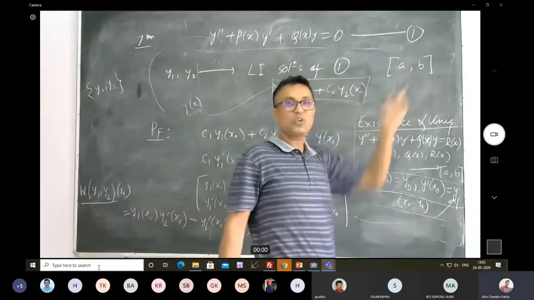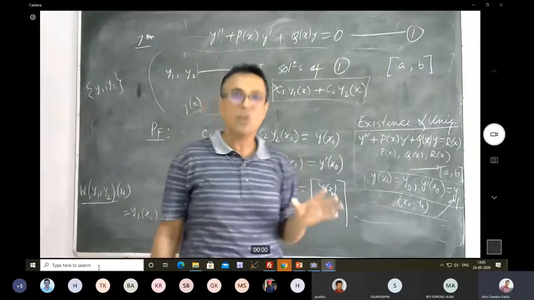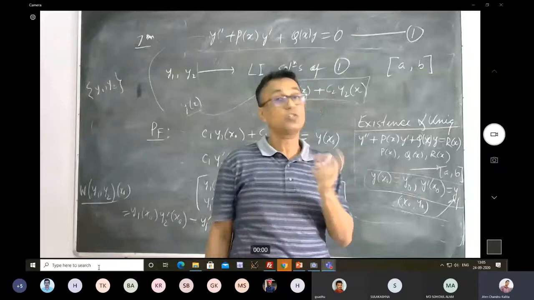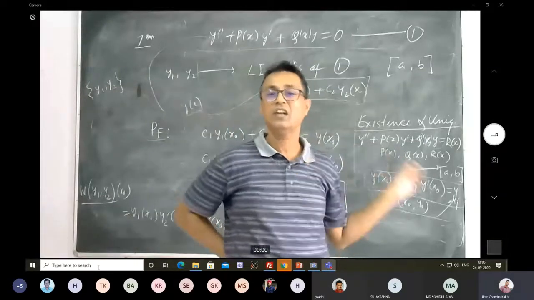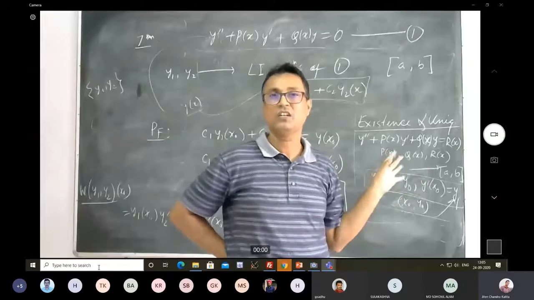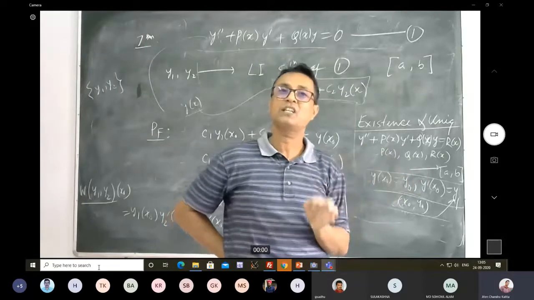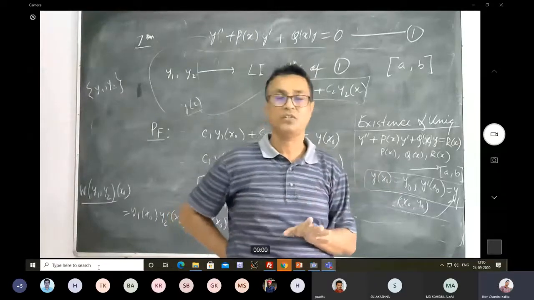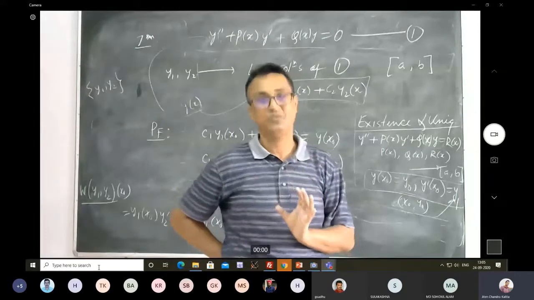So in the next lemma, I am going to prove that the Wronskian of two functions in an interval is either going to be identically 0 in that interval or non-zero. There are only two possibilities. It cannot be at the same time 0 and non-zero.